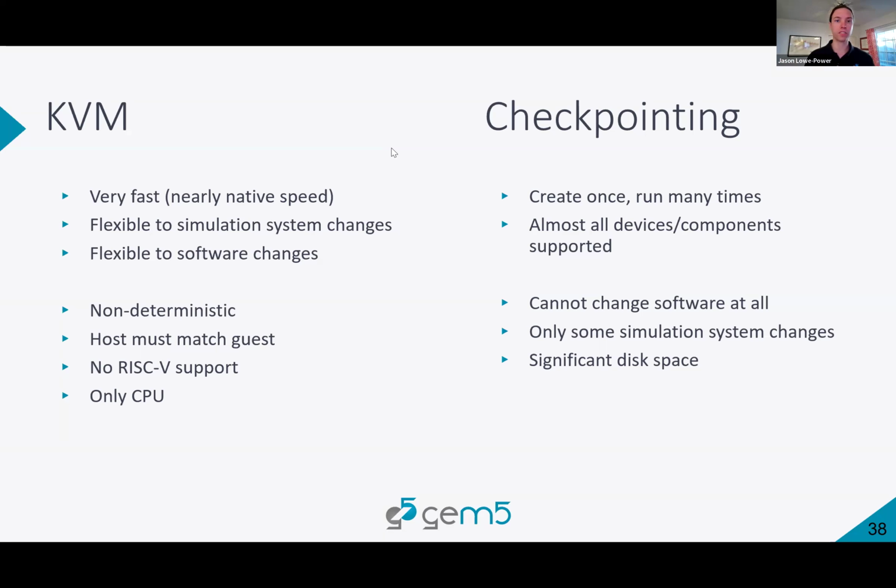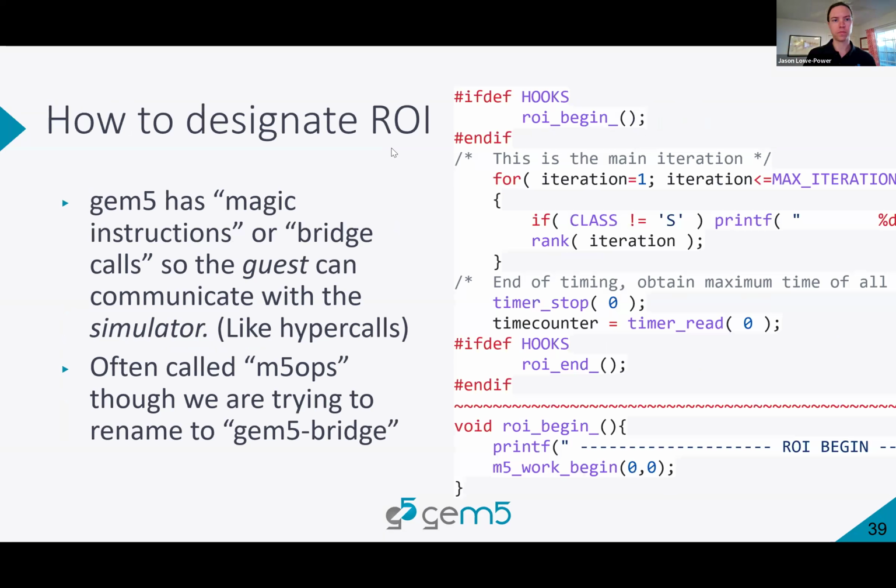It's whatever the checkpoint was taken with, that's the software that you're running. You can only change a few things about the simulated system. So you can change some parameters of your sim objects, but you can't change the objects themselves. And another downside is if you take lots and lots of checkpoints, you end up using significant disk space. Each checkpoint can be hundreds of megabytes to many gigabytes, depending on how much memory you have in the system.